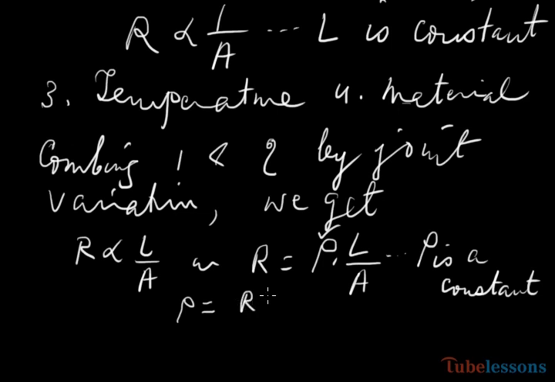and from this relation we get rho equal to RA by L. Now, if we consider conductor having unit length and unit area of cross section, that is, value of A is 1 and value of L is 1, then rho equal to R into 1 by 1, or rho equal to R. That is, rho is the resistance of the conductor having unit area of cross section and unit length.